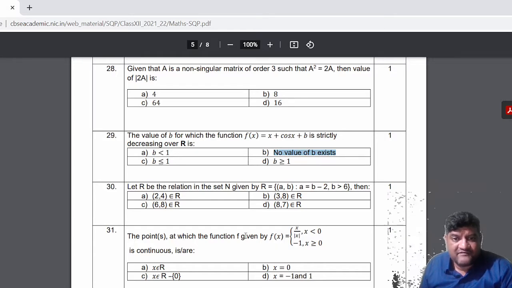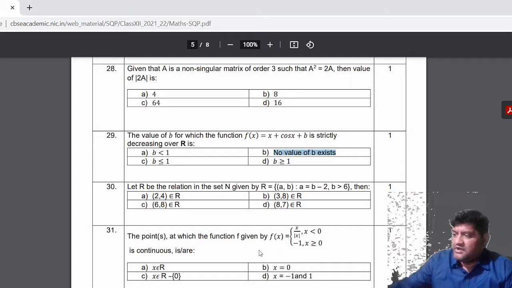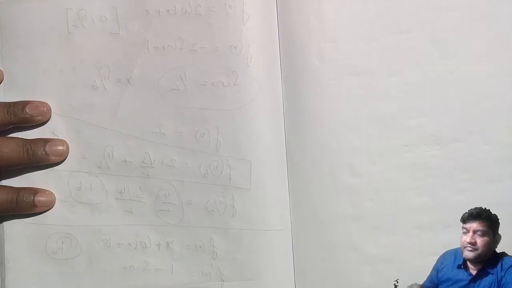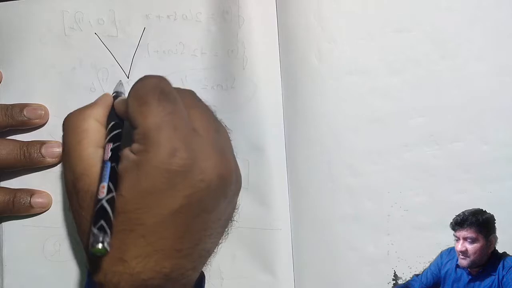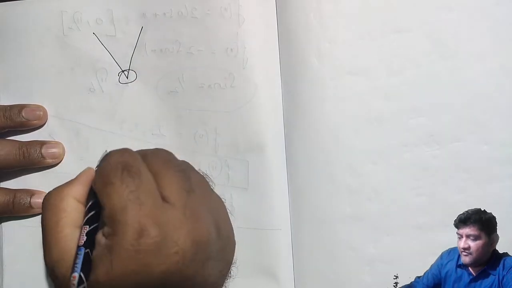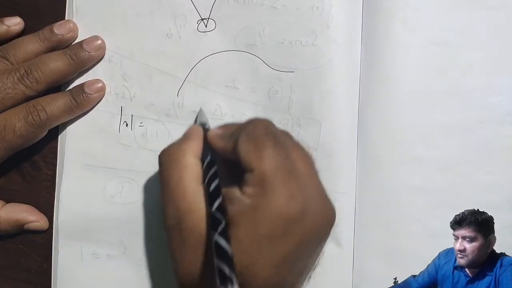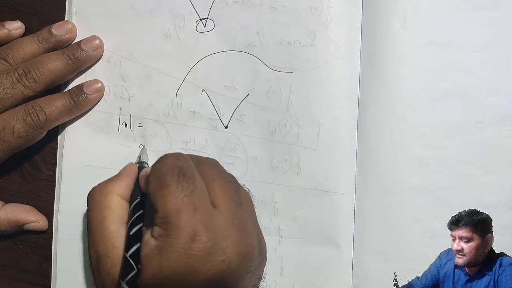Remember this question, the points at which the function is continuous. Again, this is something that you need to know. When there is a modulus function given to you, wherever there is a peak, remember it is not differentiable at this point. If it is a smooth curve, it's differentiable. Mod x function has a peak, so it's not differentiable at x equal to 0.